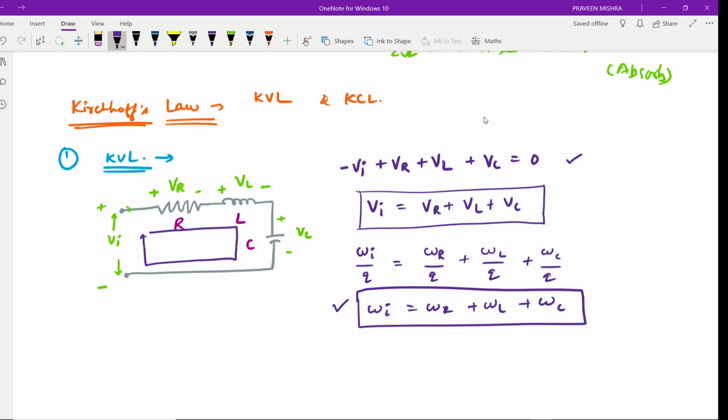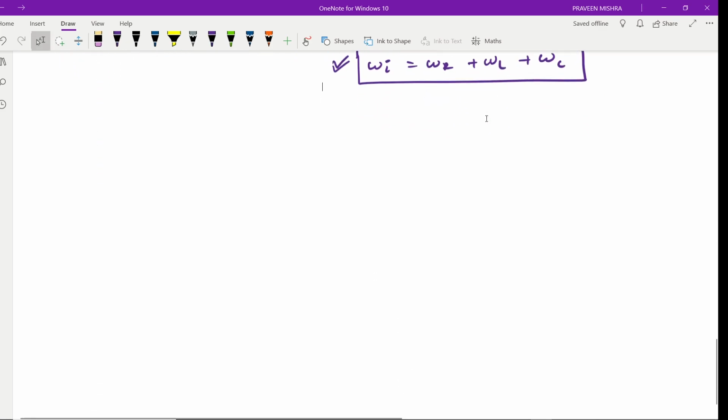Because of this equation, KVL is known as conservation of energy. KVL follows the conservation of energy principle.